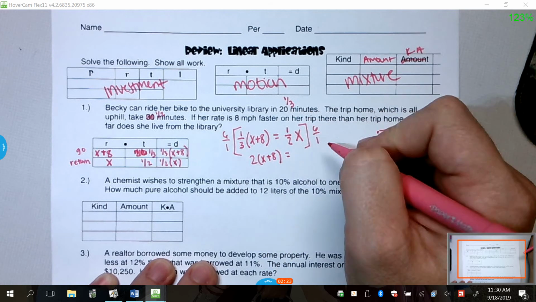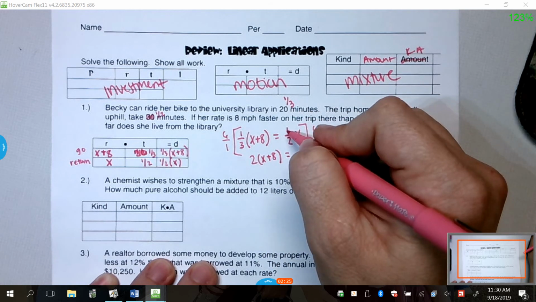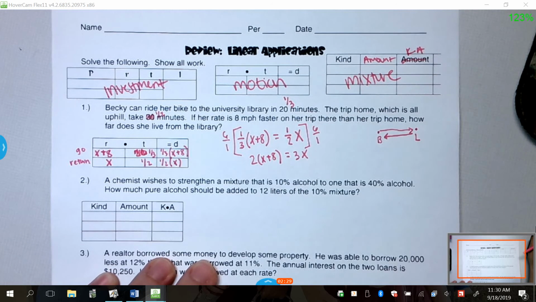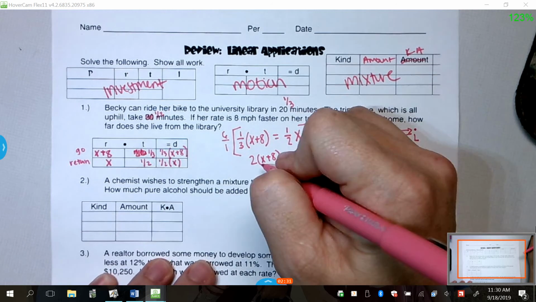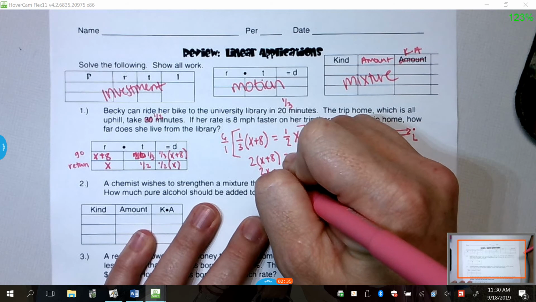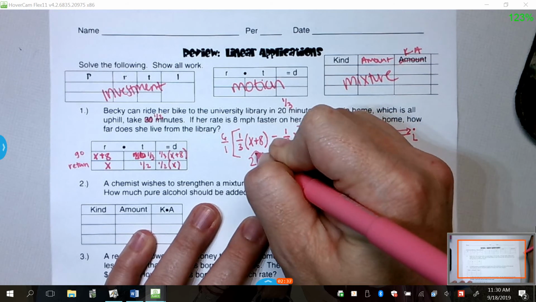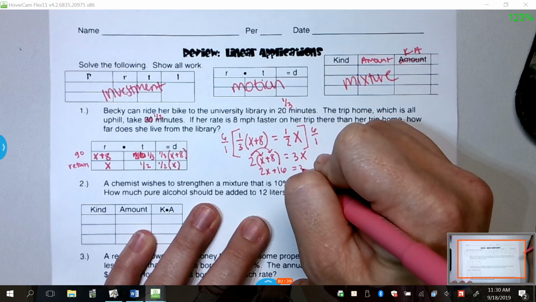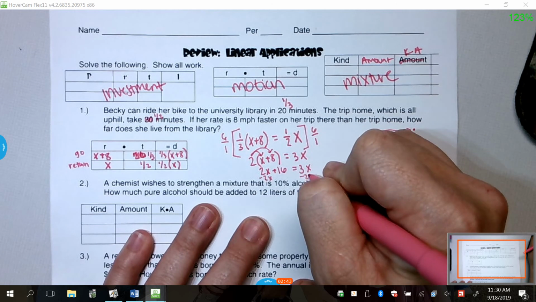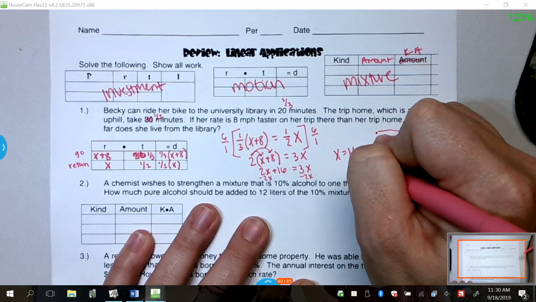Okay, and then the 6 times 1 divided by 2 is 3. So I get 3x. So now we can solve with pretty numbers. Okay, so this gives me 2x, so that gives me 16 because I'm distributing, equals 3x. Okay, I'm going to subtract 2x from both sides, and I get x equals 16.